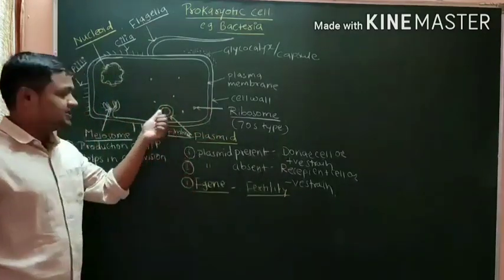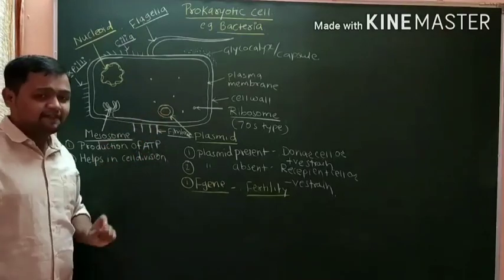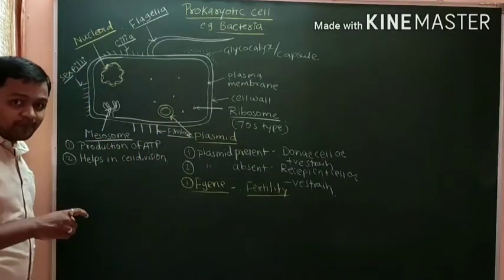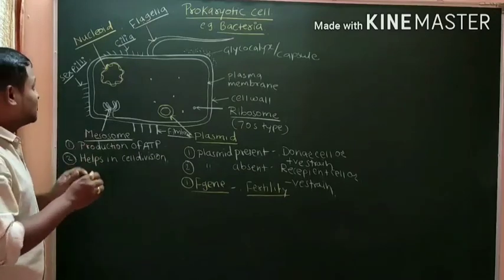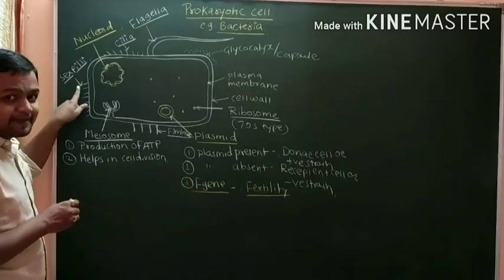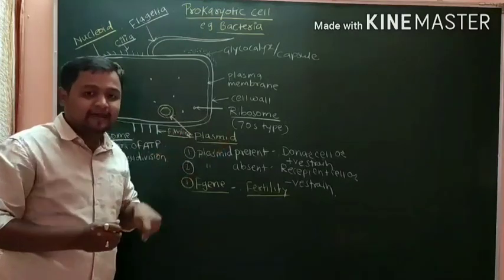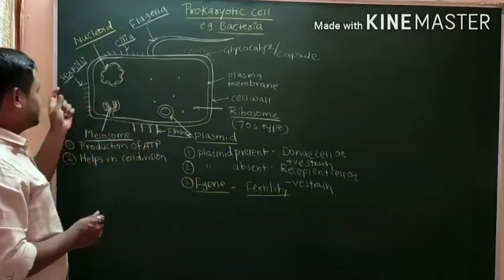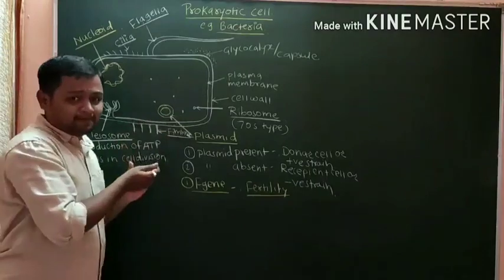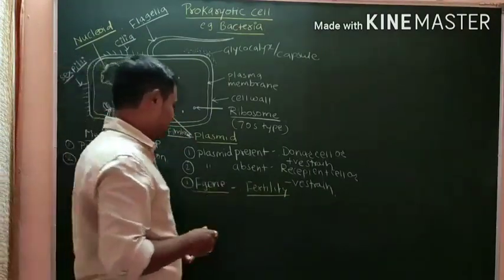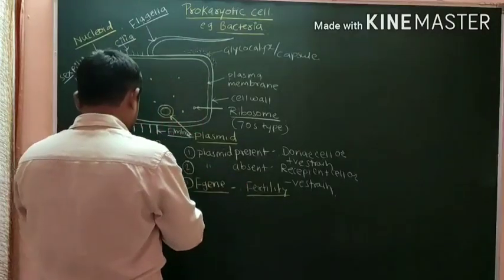If the F gene is present on that specific plasmid, there is a presence of sex pili. So we can conclude by the presence of sex pili that there is a plasmid inside that bacteria. If sex pili is absent, then the bacterial cell is without plasmid.